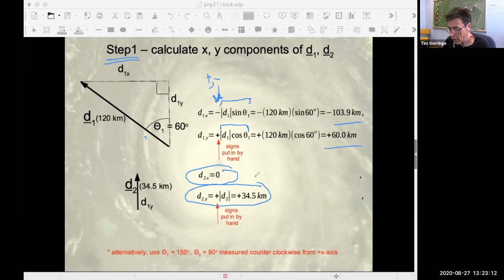And the y component is positive, a plus because it's going up, not down, in the positive y direction, not the negative y direction. And its size is the magnitude of vector D2 itself. But anyway, here we've got the two components of each of the two vectors. So that was our first step.